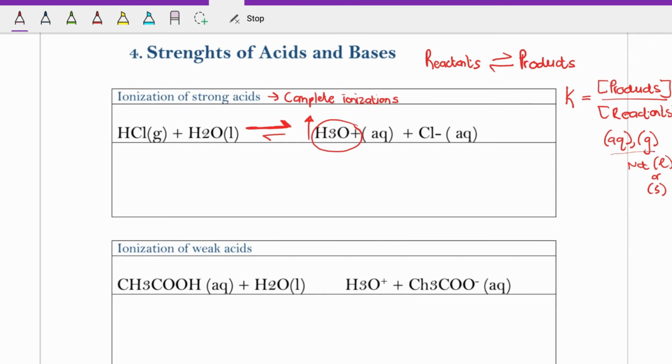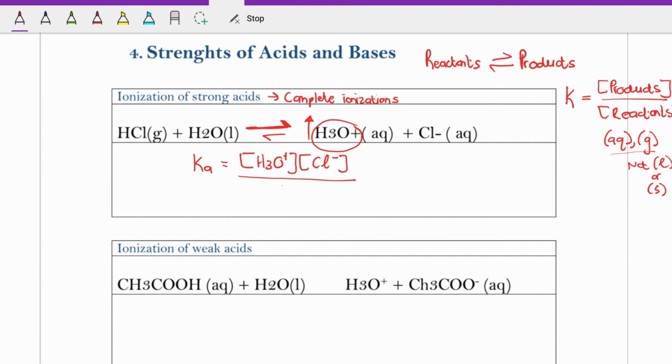So when we compose the Ka, now the A is just for acid. So the Ka equation for this reaction is going to be the two products in this case. So that will be the hydronium ion concentration times the chloride ion concentration, both aqueous, so we can write them in the Ka expression.